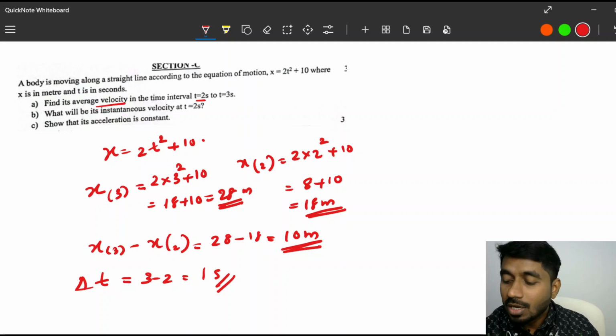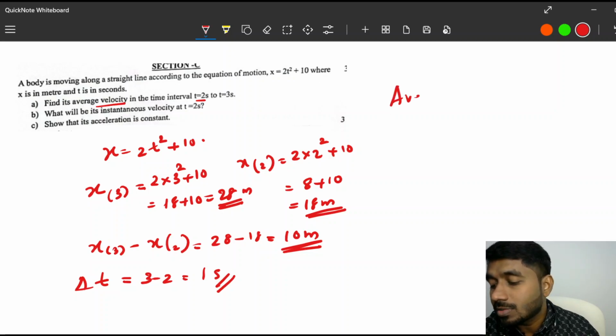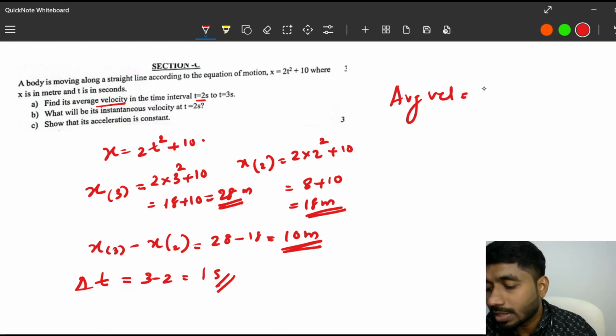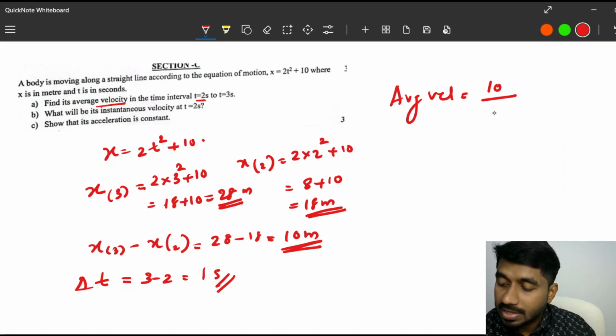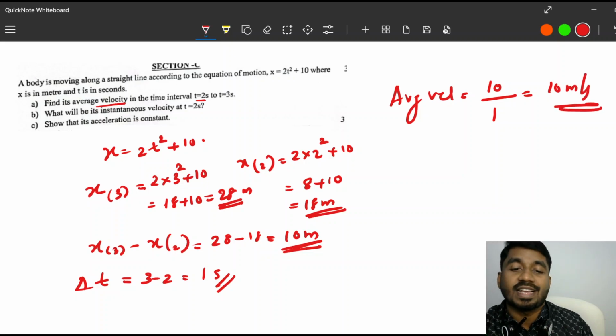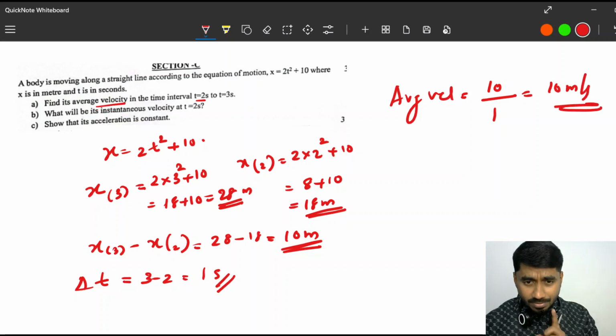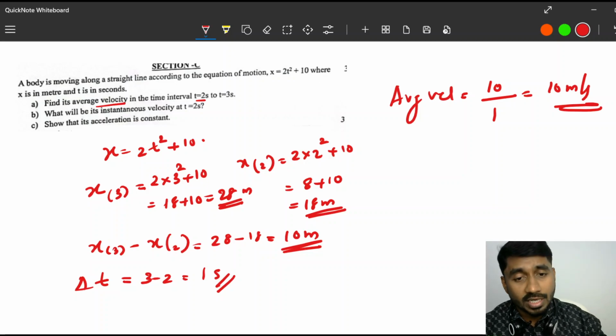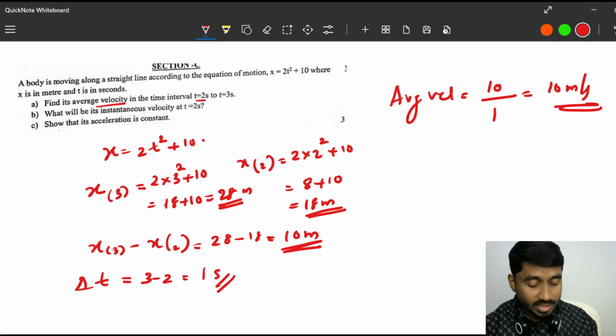Now it is very easy. The average velocity is the total displacement, 10, divided by the time, 1, so the average velocity is 10 meter per second.